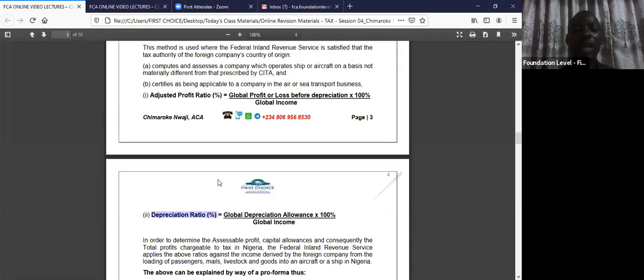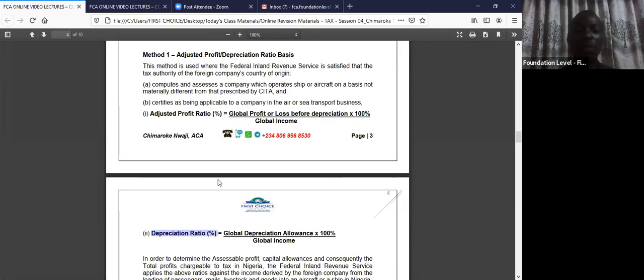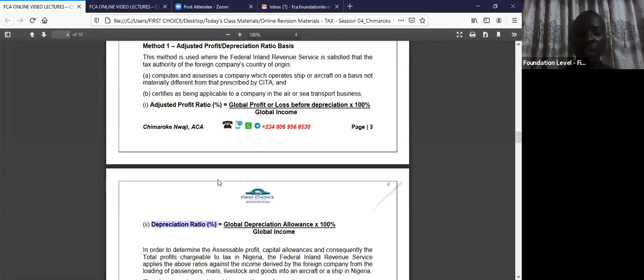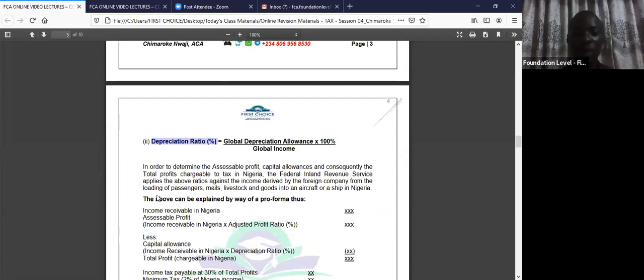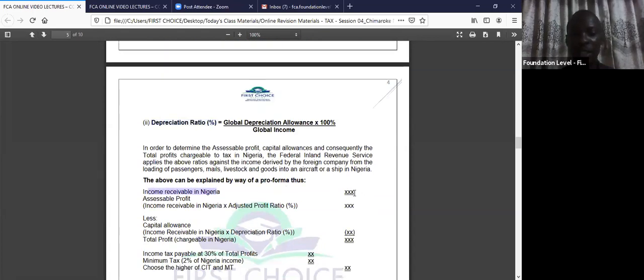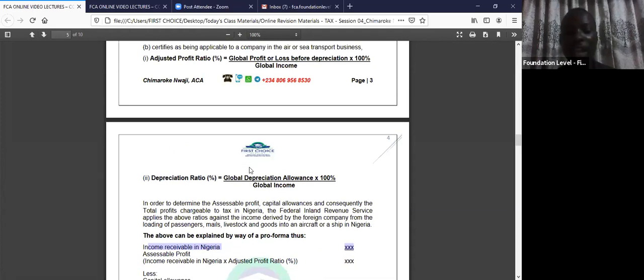So the steps you are doing under method 1: first, look for Nigeria income, then look for non-Nigeria income.